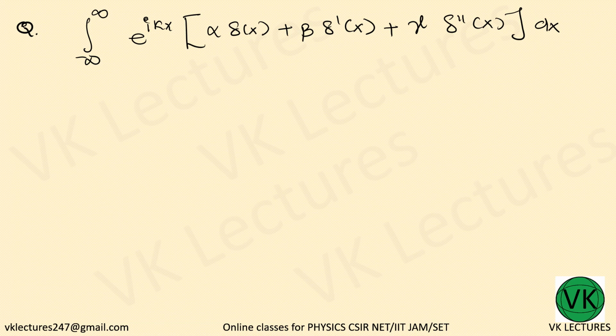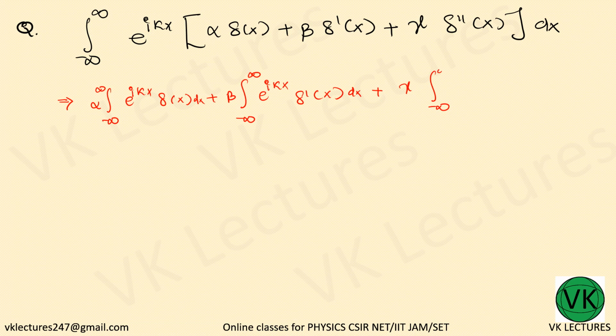This can be done separately: the integral of e to the power ikx into alpha delta of x, plus the integral of beta times e to the power ikx into delta dash of x dx, plus gamma times the integral of e to the power ikx into delta double dash of x dx.